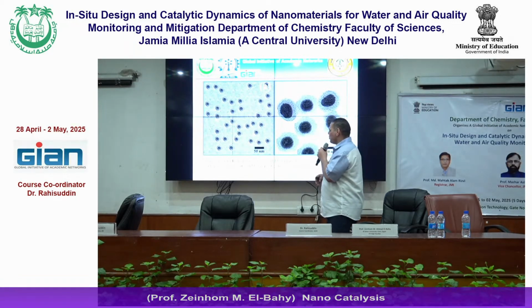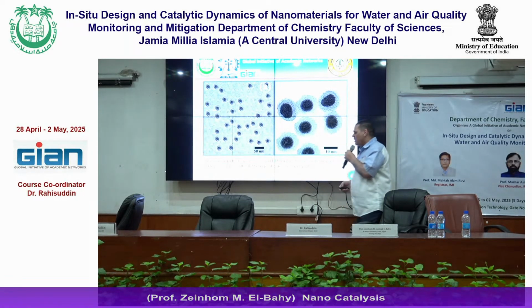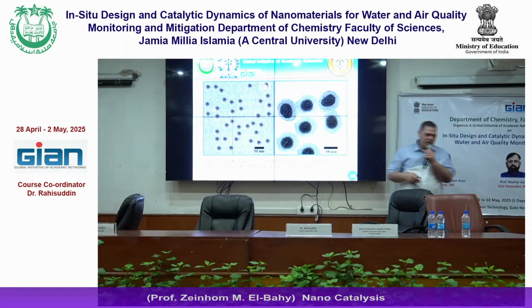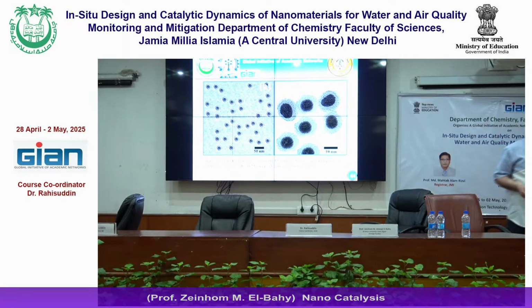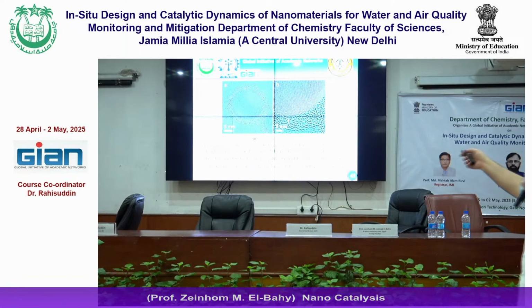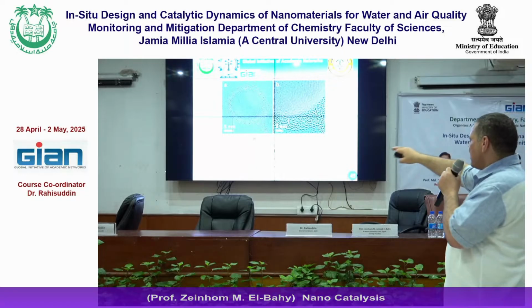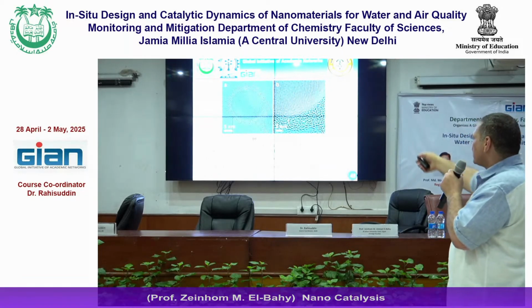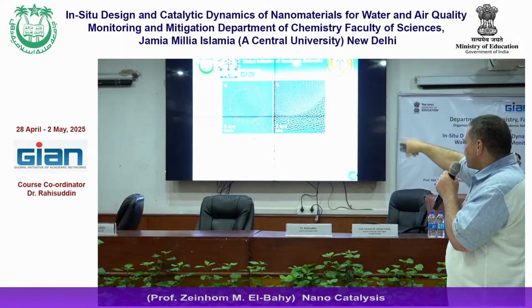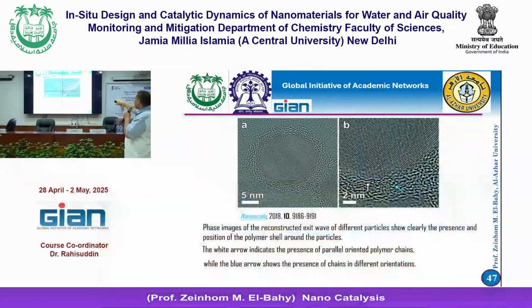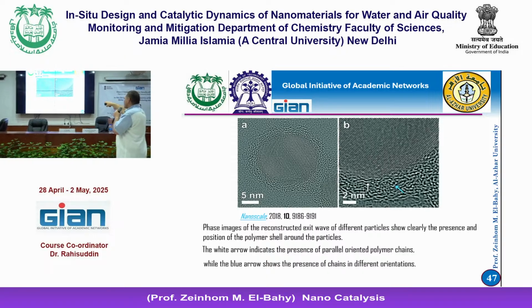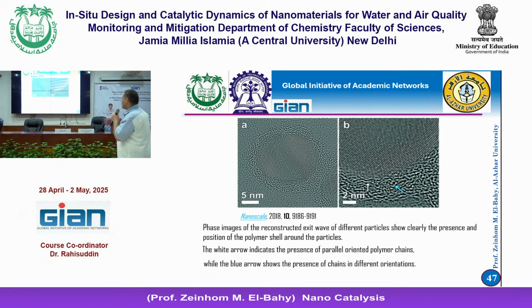That's why I told you before that HR, which is a high resolution TEM, is used to closely show the shape and also the arrangement of the particles and atoms. It is very clear that this is the shell and the core, and also whether the shell is well arranged, disarranged, or not arranged.